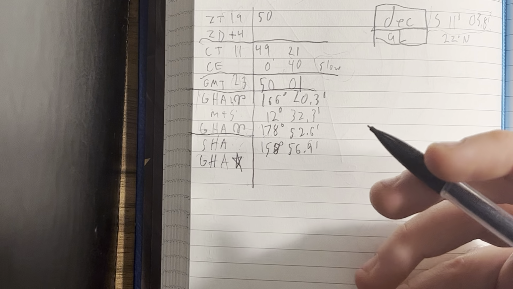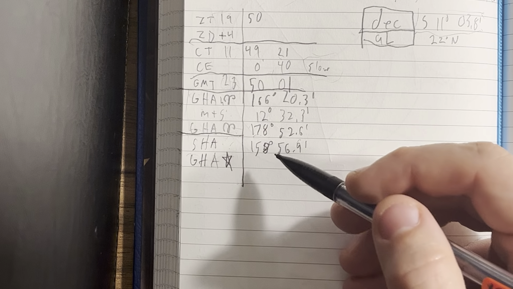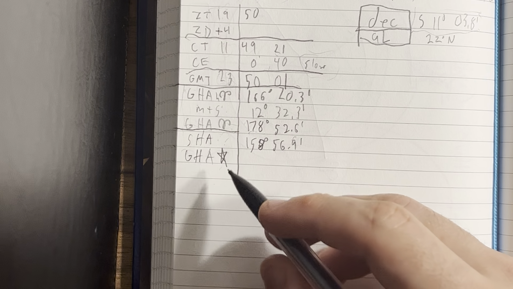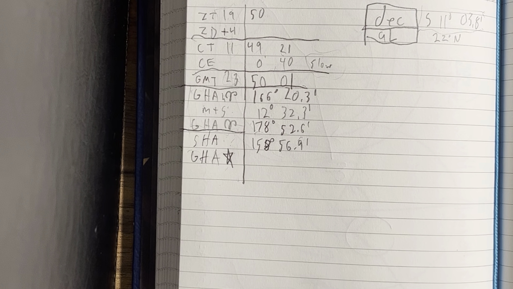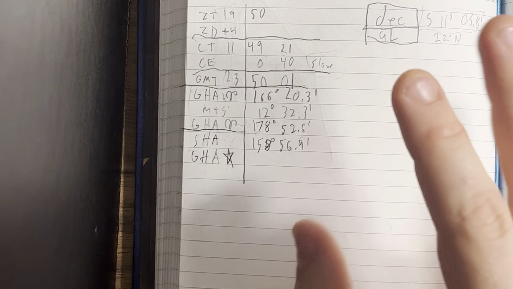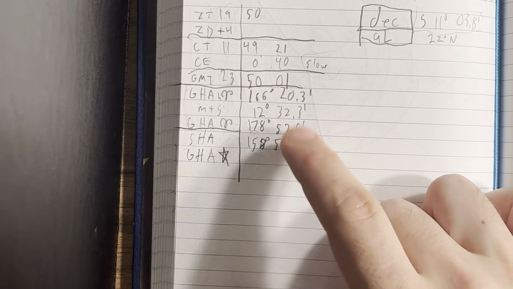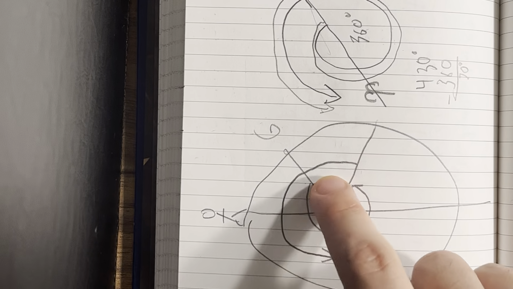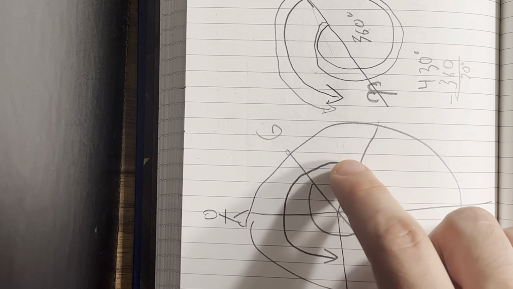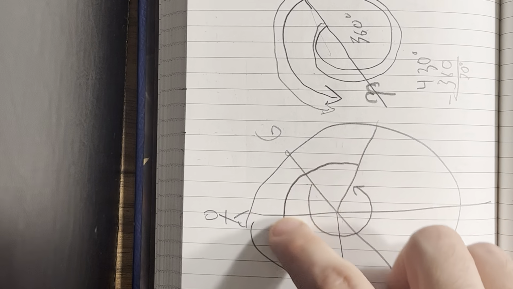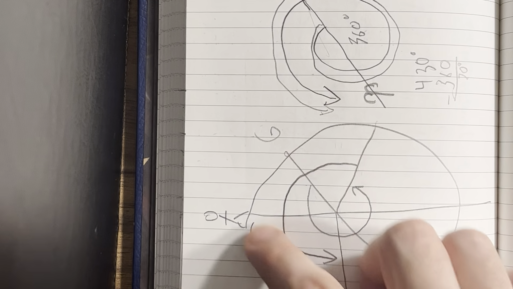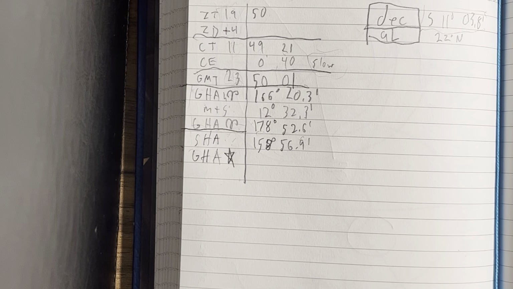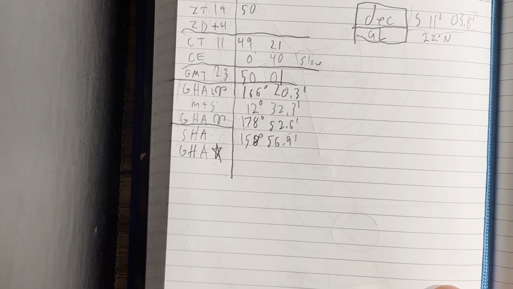Good. What we want, though, is the GHA of the star, of Spica specifically. So we're going to add the two together. Remember, it's always add. There's no ambiguity about it. You're just going to add GHA to SHA. And you're going to get the GHA of the star.